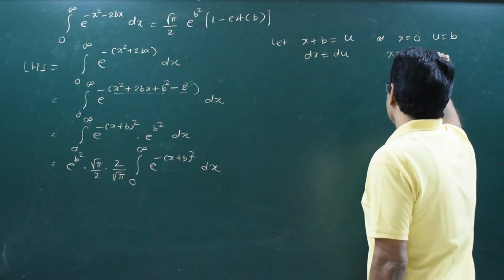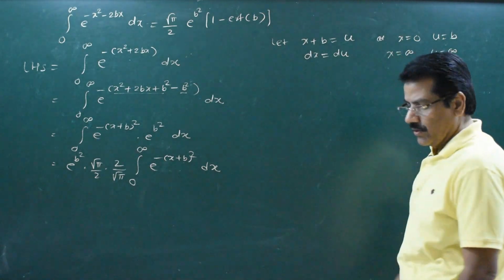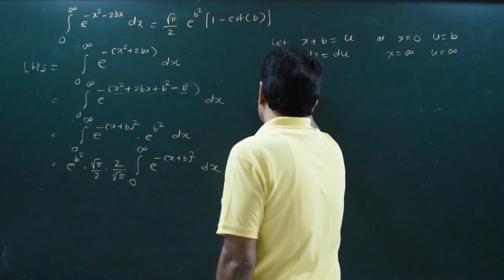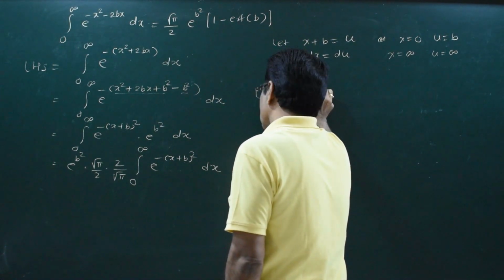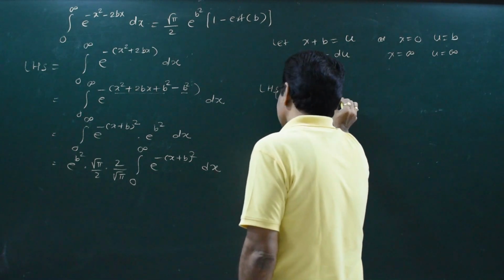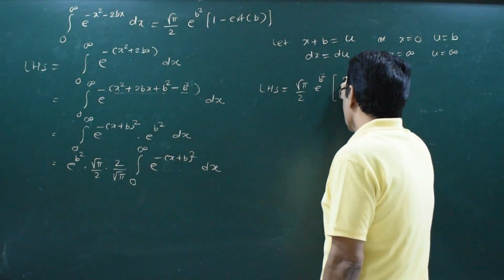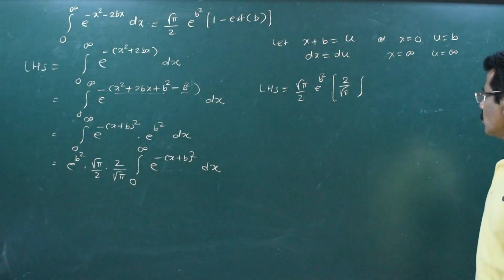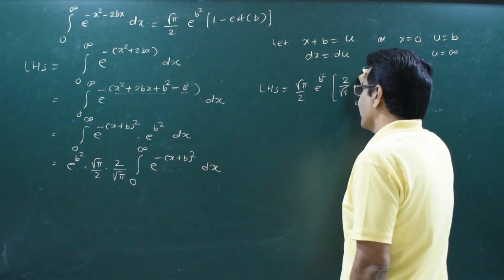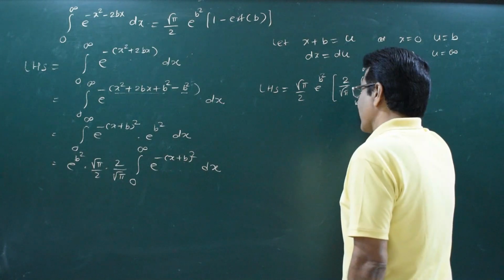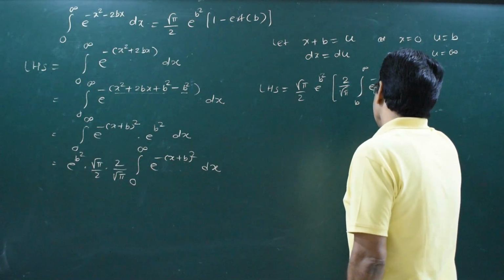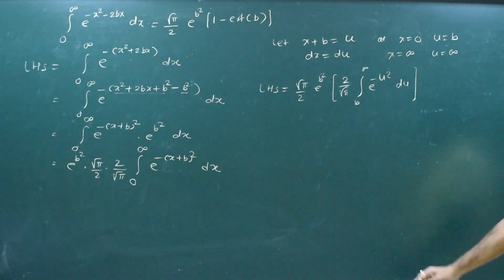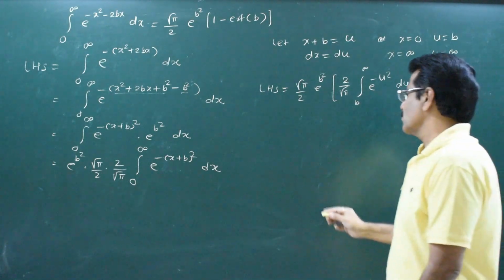At x equal to infinity u is also equal to infinity, and therefore we will continue with this LHS root pi upon 2 e raised to b square as it is. Let us put a bracket for this, 2 upon root pi into integration. Now new limits are b to infinity e raised to minus u square du, and then we can observe this bracket is nothing but the definition of complementary error function.